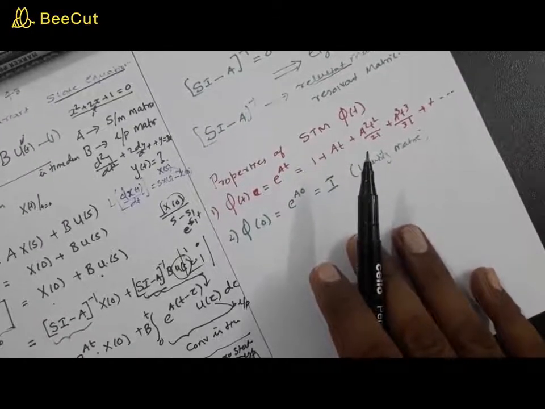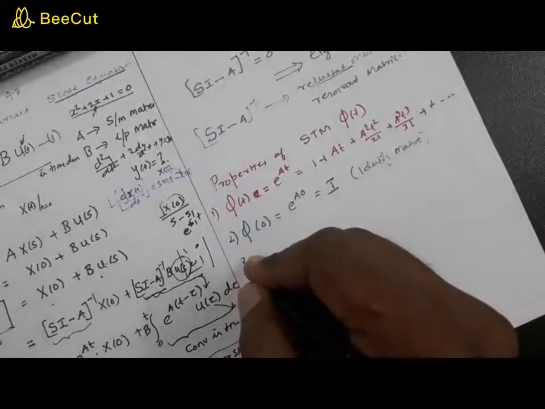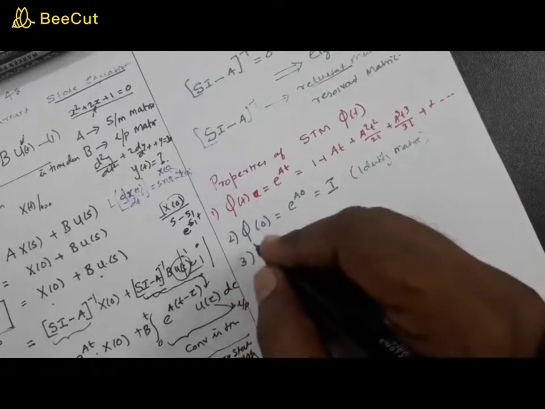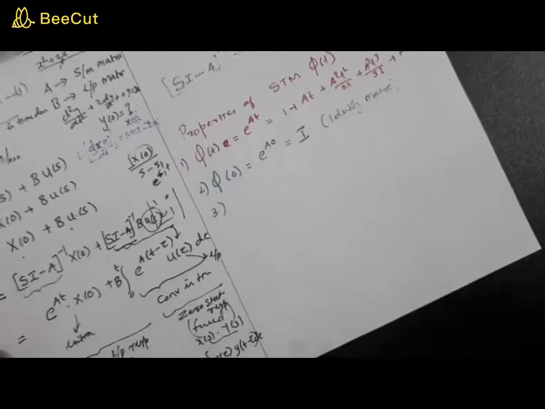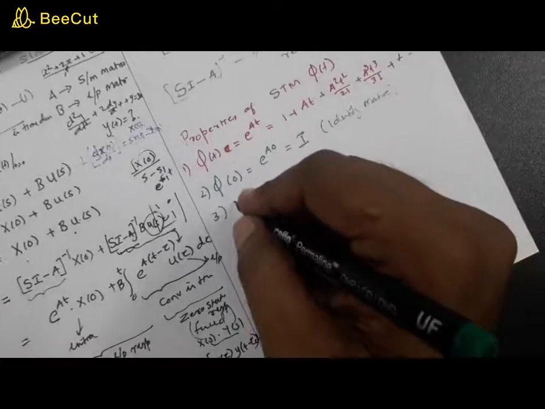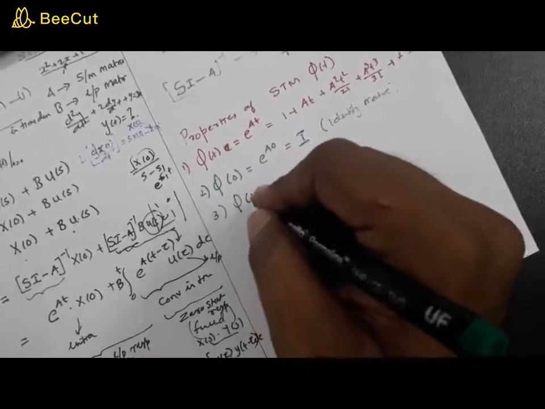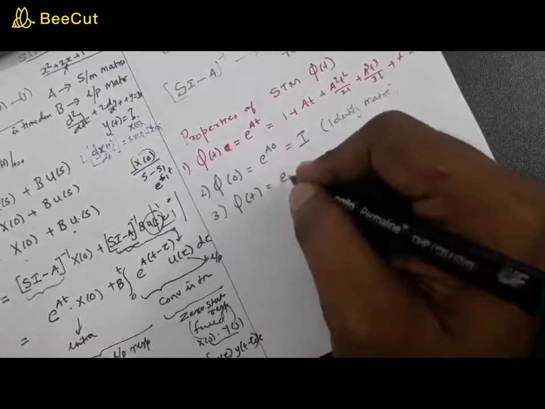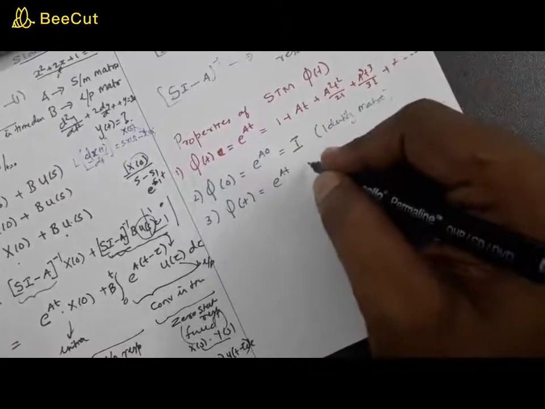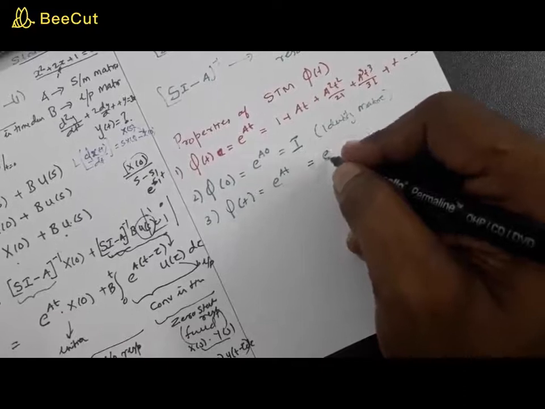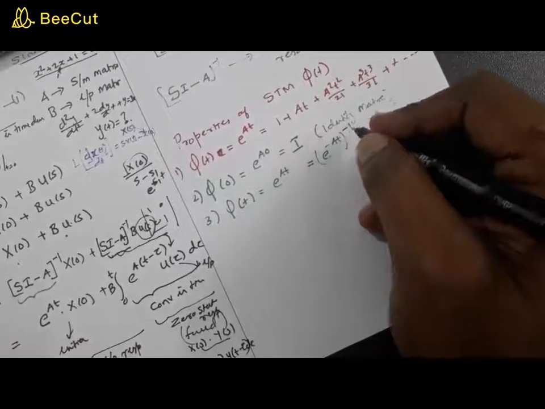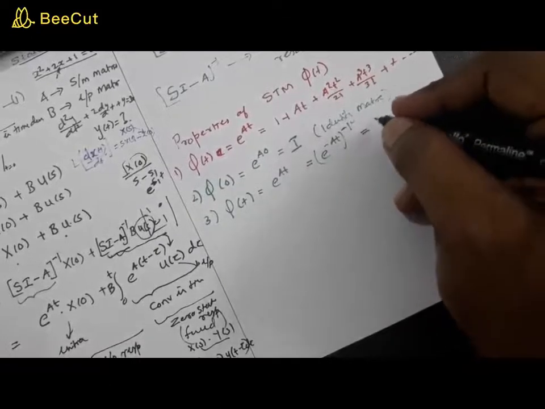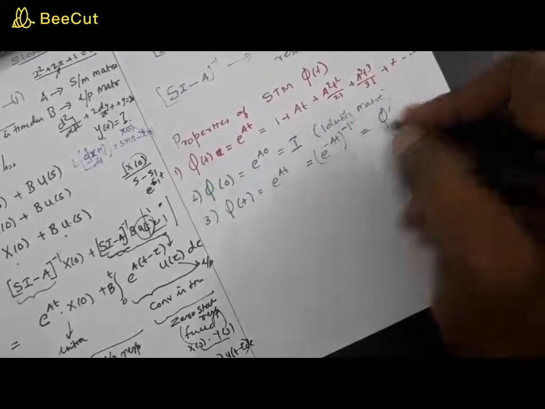Okay, now let's move on to the next one. Now the third property is, say phi of t is equal to e raised to at. Now this exponential can be represented like this, right? At the whole raised to minus 1. And what is this? This is actually phi of minus t, right?